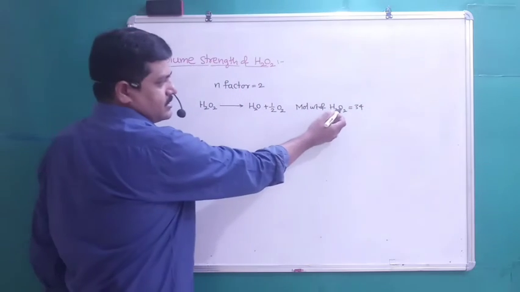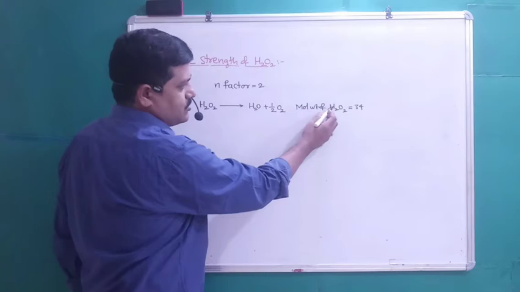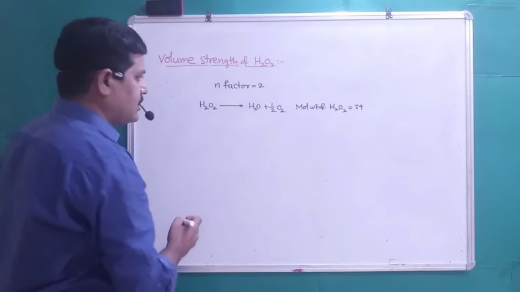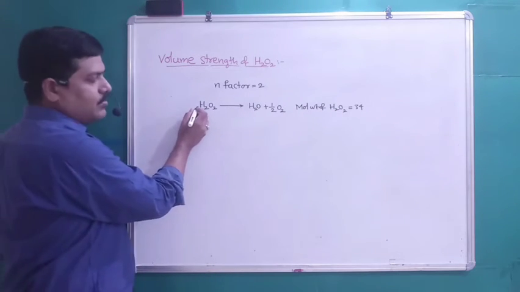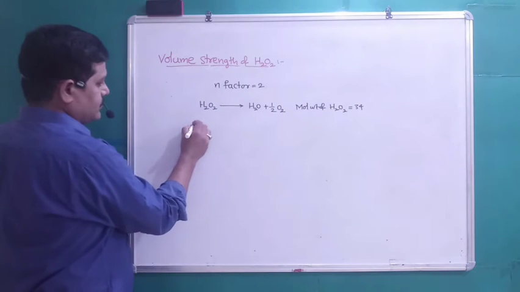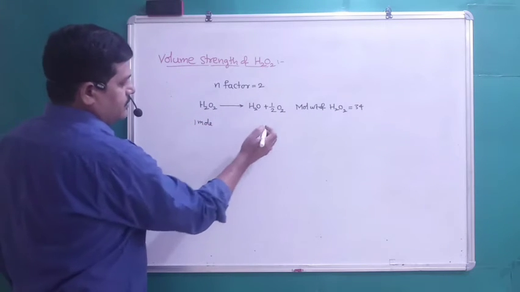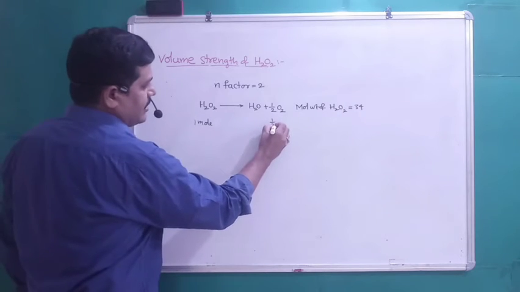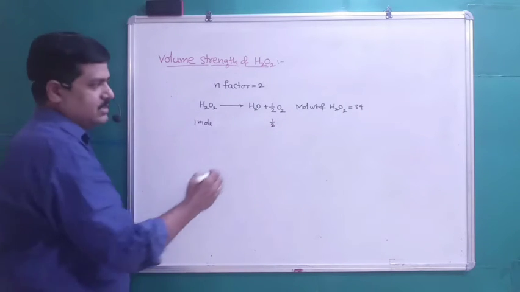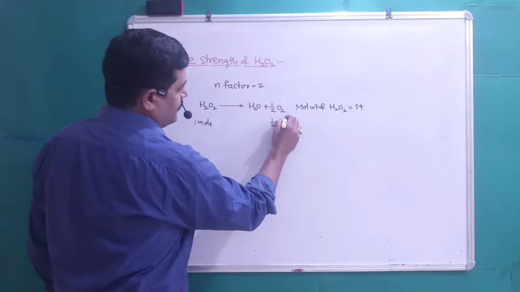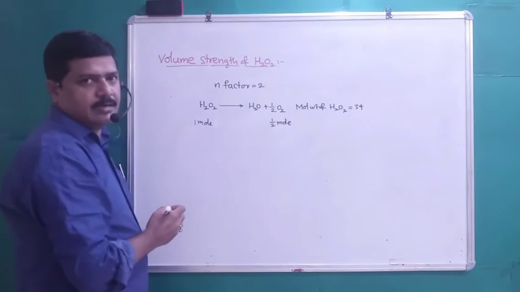Oxygen O2 is 16 twos are 32, plus 2 is 34. That means when we take 1 mole of H2O2, it will give half mole of oxygen gas on decomposition.